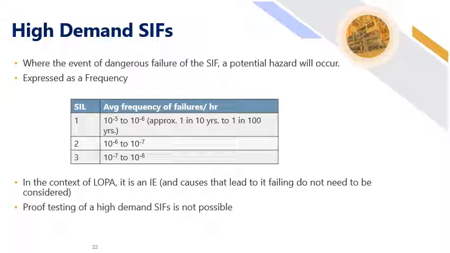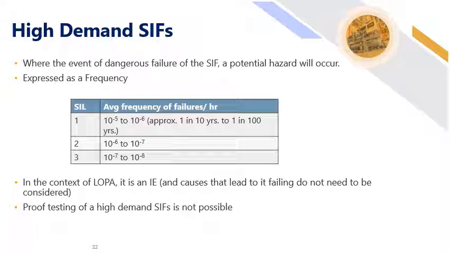So the different SIL levels can be expressed then in a frequency of failures per hour. SIL 1 changes from a PFD value of 1 in 10 to 1 in 100 to a frequency of failure of 10 to the minus 5 to 10 to the minus 6 failures per hour, which is approximately similar to 1 in 10 year failure to 1 in 100 year failure.